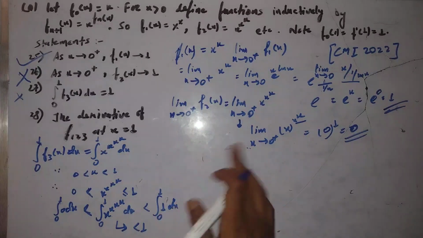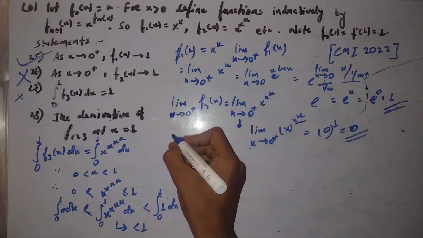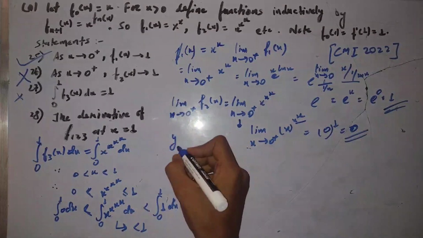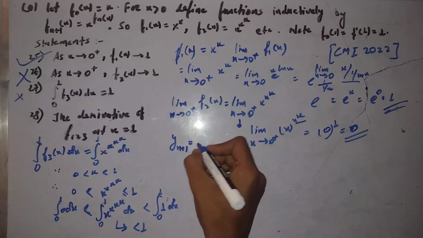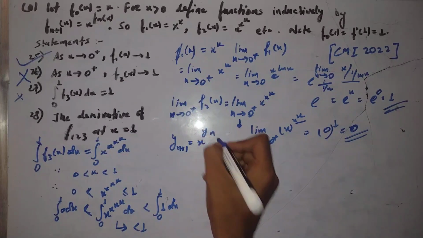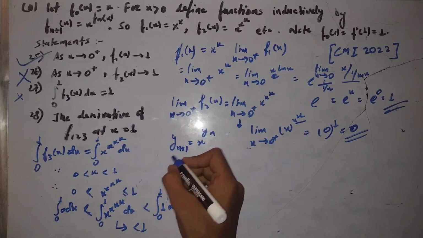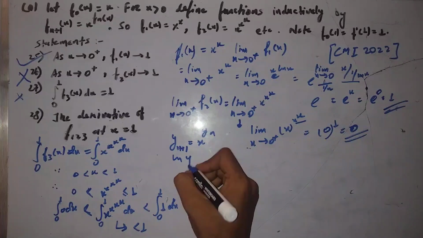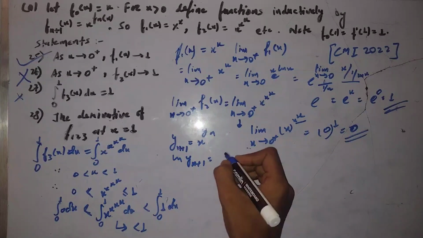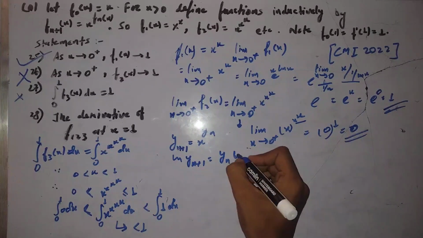So y(n+1) equals x to the power yn. Taking ln, ln y(n+1) equals yn ln x.